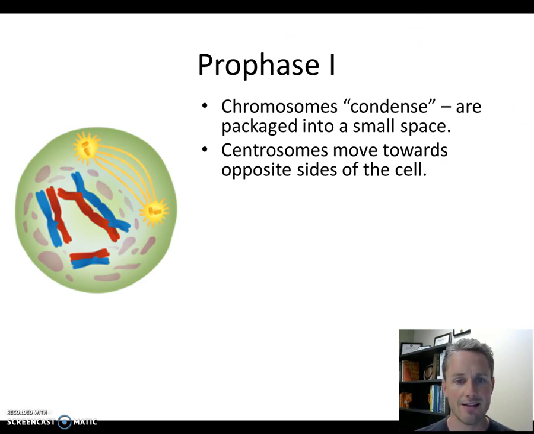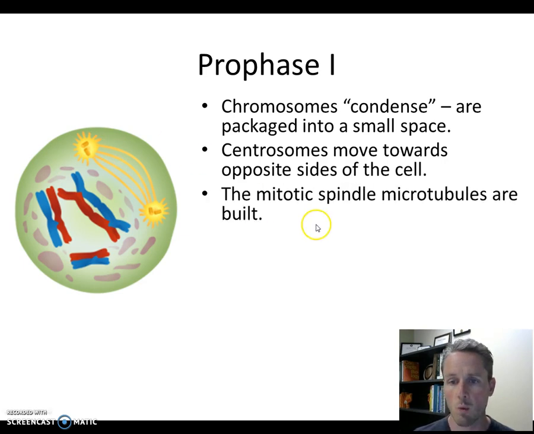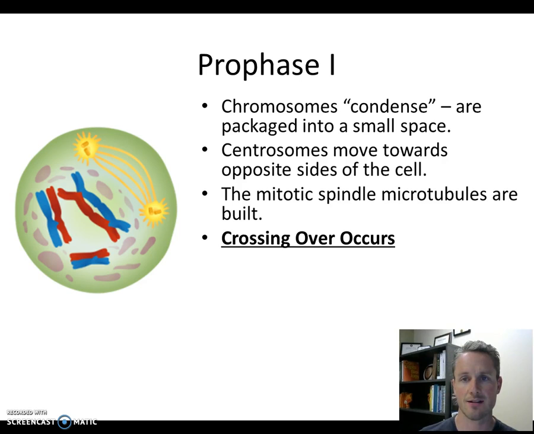We're going to have these centrosomes, these yellow structures, move to opposite sides of the cell. That happened in mitosis. We are going to build the mitotic spindle, which is made of microtubules. That's the yellow lines that are growing out of the centrosomes. Remember, the microtubules are what will move our chromosomes around. That's identical to mitosis.